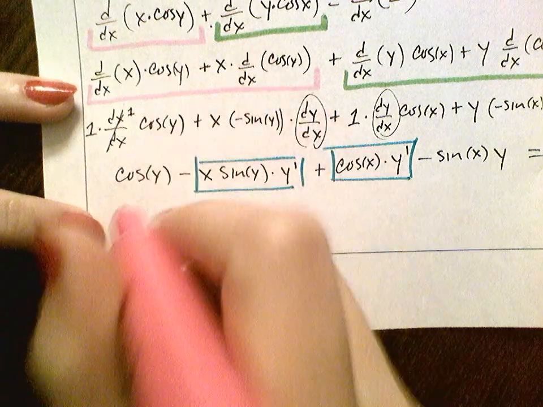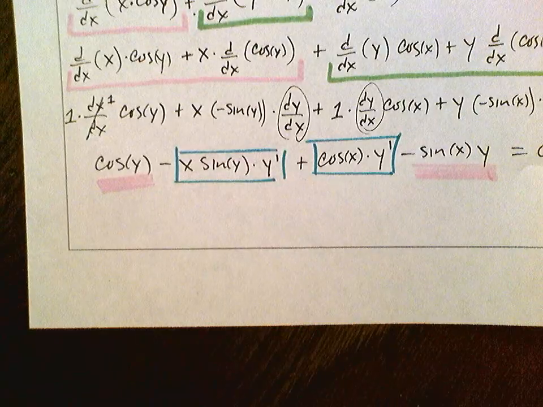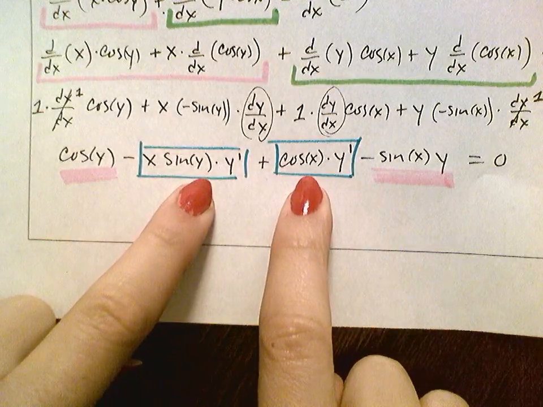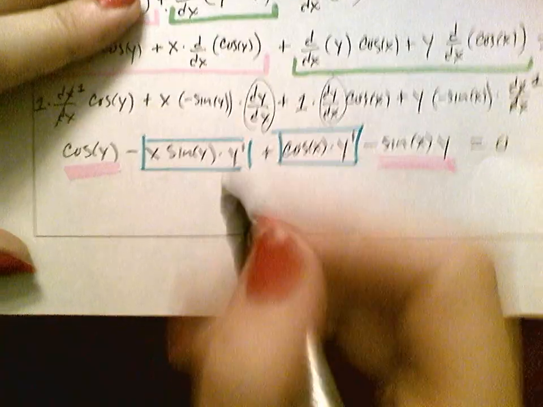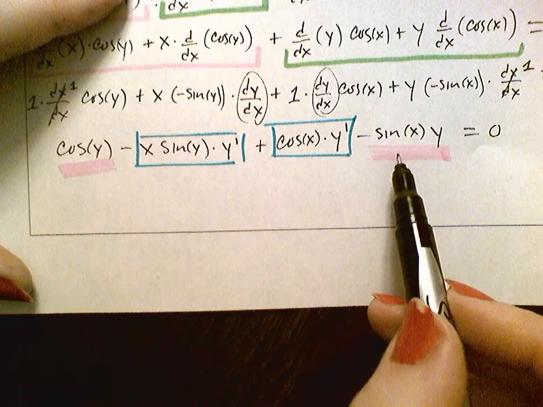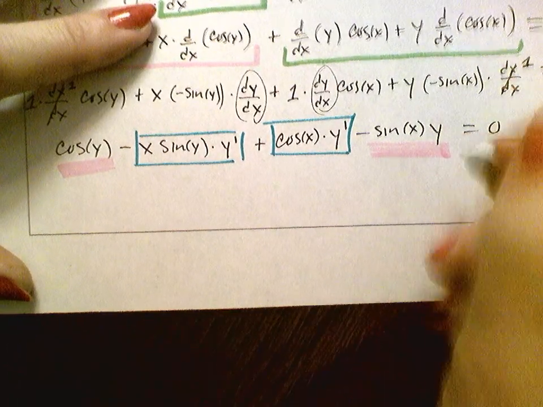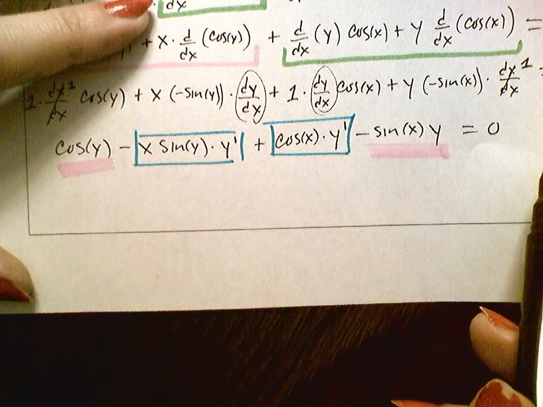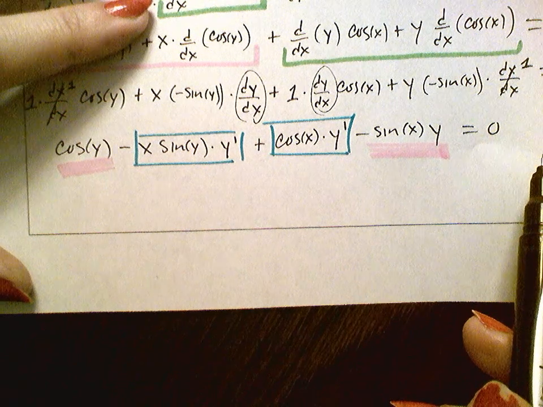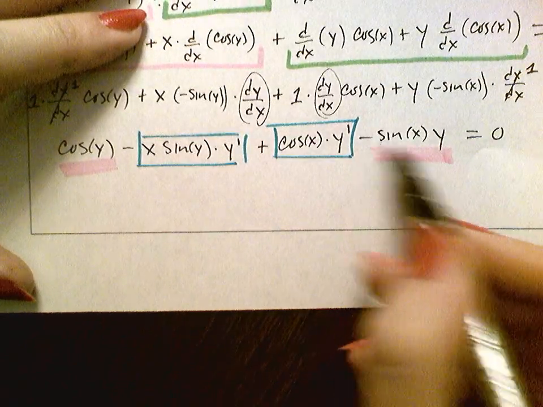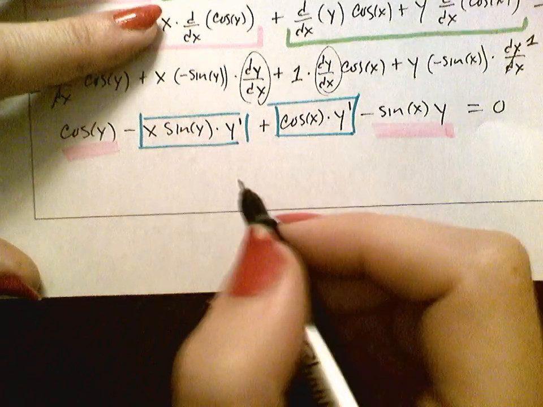I've got to get these terms on the right side of the equation, the underlined pink ones, and then I want to leave these blue ones over here. So I'm going to subtract cosine y from both sides, and I'm going to add sine x times y to both sides. Okay, this could have been y sine of x, which I kind of wish I wrote it like that.